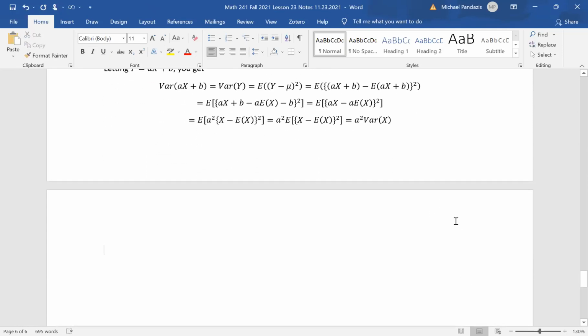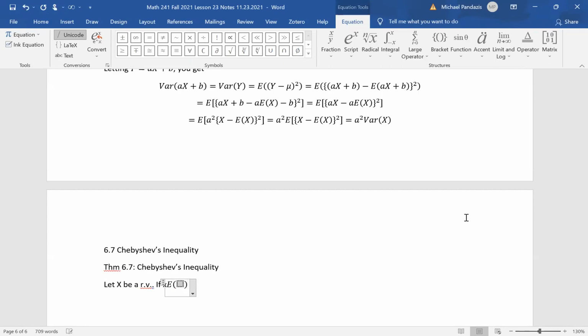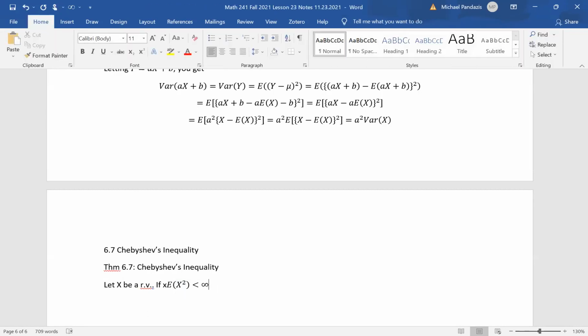Okay, so the next section is 6.7 on Chebyshev's inequality. The first thing in the section is theorem 6.7, Chebyshev's inequality. Let X be a random variable.